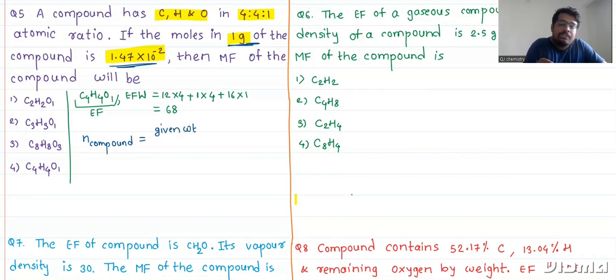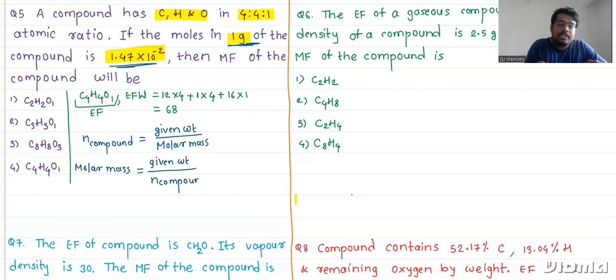Now, the number of moles is given to us, so if we rearrange the formula, we get the molar mass. Molar mass is equal to given weight divided by number of moles of compound.